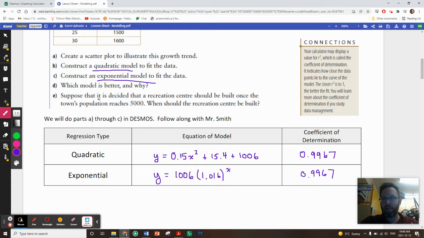So in this simplified scenario, we've decided that once we reach 5,000 population, a recreation center should be built. We need one for a population this size. That's not something you want to wait until you reach 5,000 to start, because the process can take years and years to get permits, to get somebody contracted to do the construction, and to actually perform the construction. You want to plan this ahead of time. So we want to plan: when will the population reach 5,000?